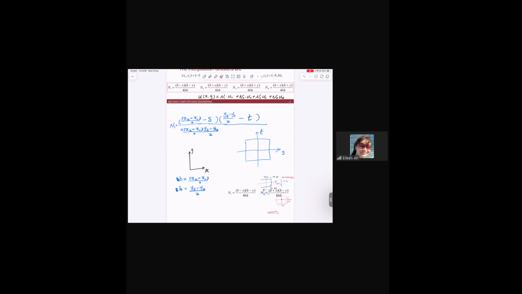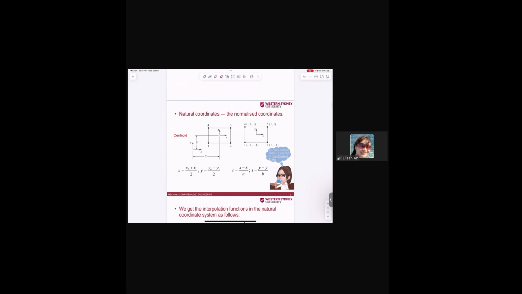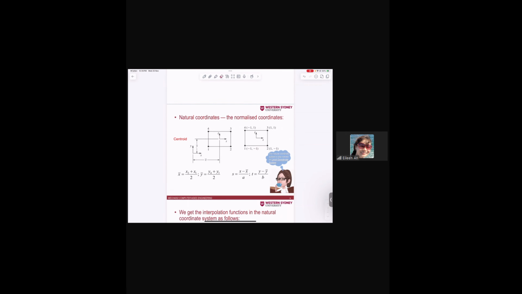We scale the coordinates. So this time we make the new system more complicated. Okay, so this is the global coordinate system x and y, and this is the new coordinate system s and t.